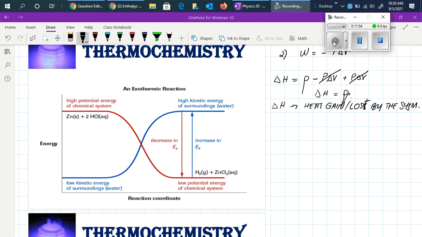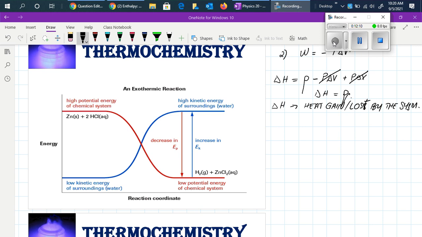Let's take a look at this graph that you see here, in which we have as the reactants zinc and hydrochloric acid reacting together to produce hydrogen gas and zinc chloride.